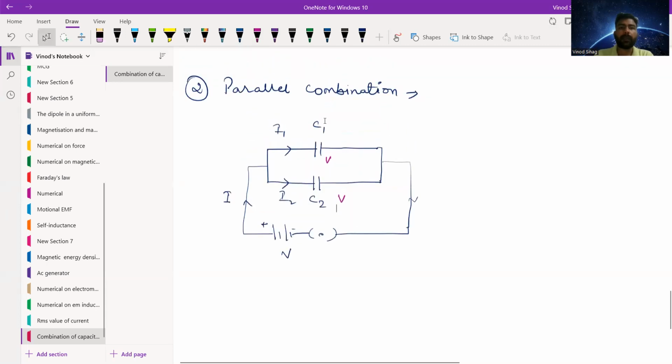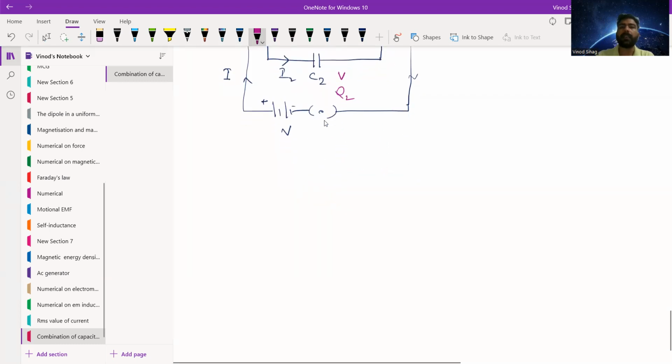So the charge will be Q1 on the capacitor C1 and the charge Q2 on the capacitor C2. In this case, the total charge is distributed in charges Q1 and Q2. So the equation will be Q equals Q1 plus Q2.